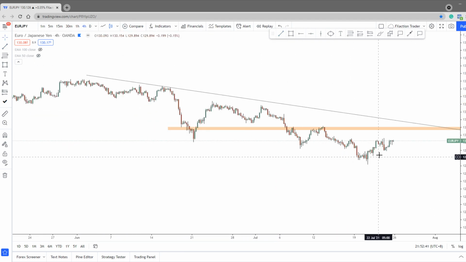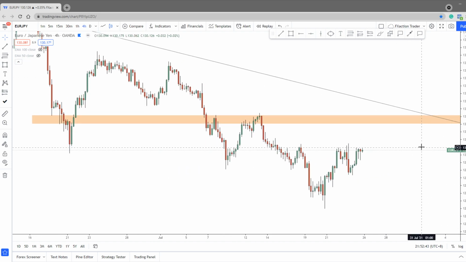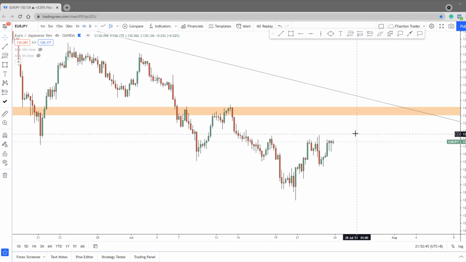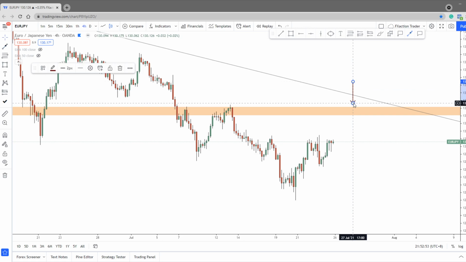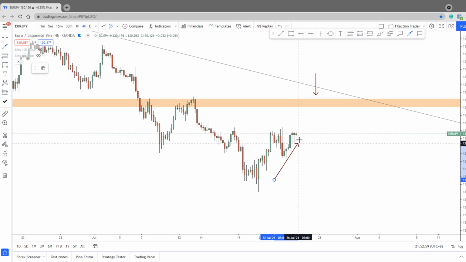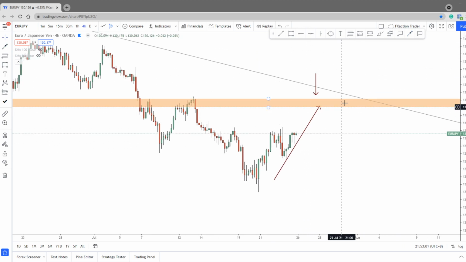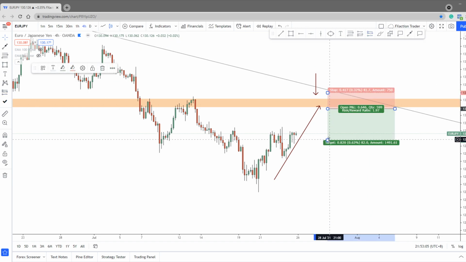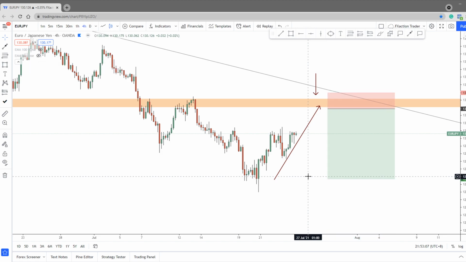In terms of H4, it's very dangerous for us to look for a short signal here as the market is now going upwards to retest this resistance zone at 131.190. I would prefer the market to continue the pullback to this zone, and from here only we scale down to look for a short trade. That could be the first option.